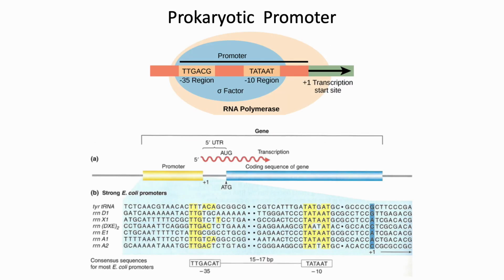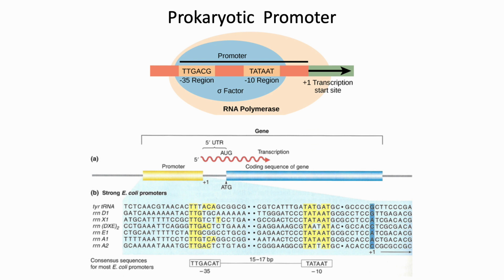The sigma subunit of prokaryotic RNA polymerase recognizes consensus sequences found in the promoter region upstream of the transcription start site. The sigma subunit dissociates from the polymerase after transcription has been initiated.